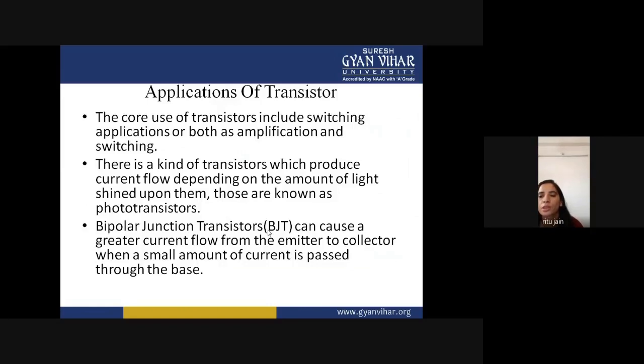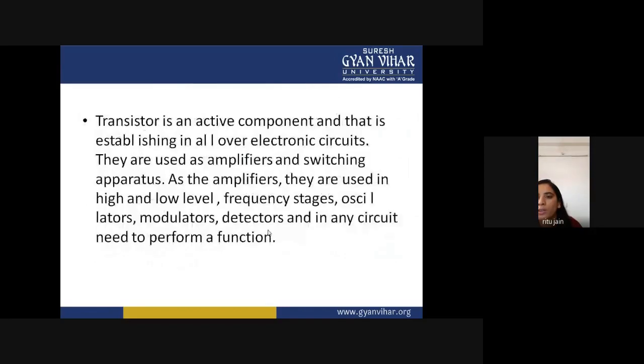A bipolar junction transistor can produce a greater current flow from the emitter to the collector when a small amount of current is passed through the base. So basically, a BJT is a current controlling semiconductor device.